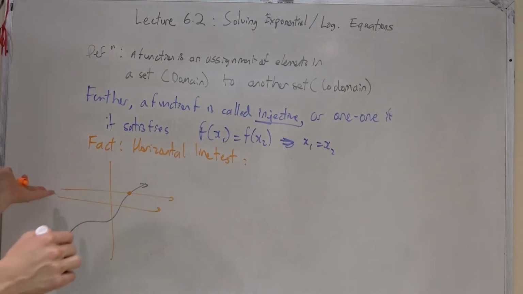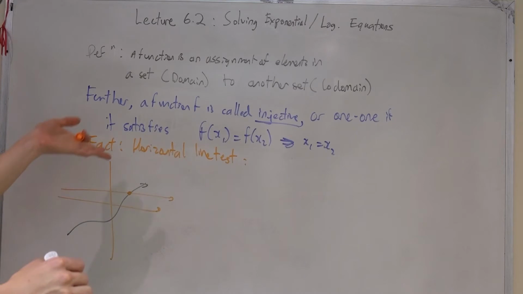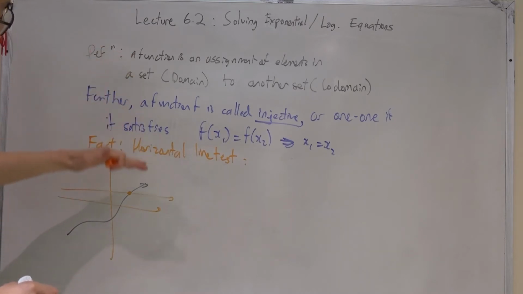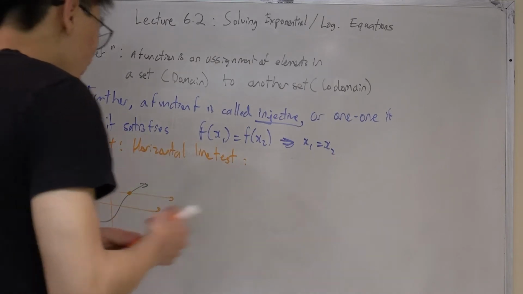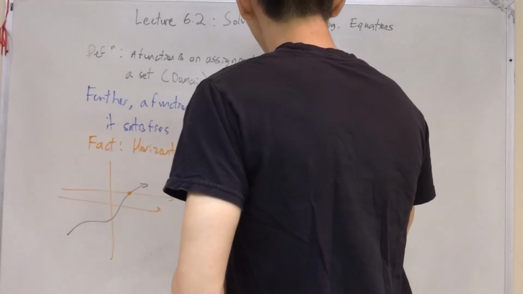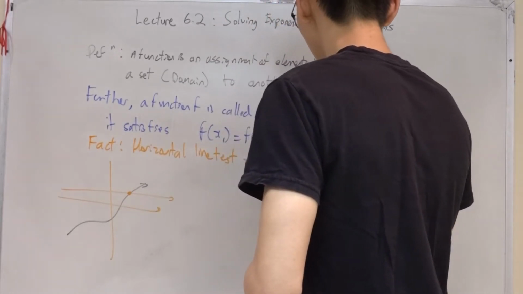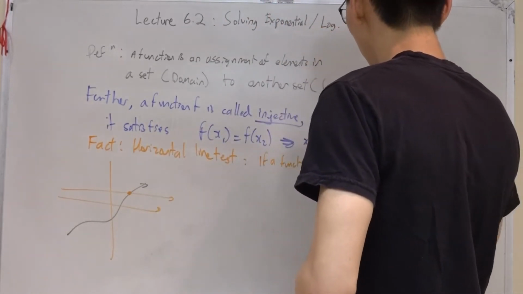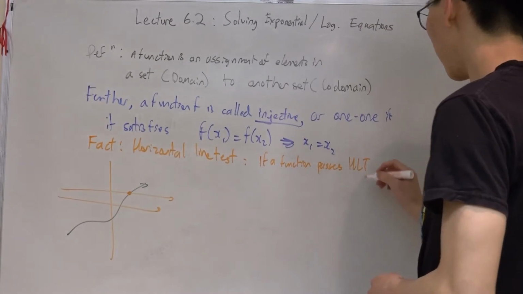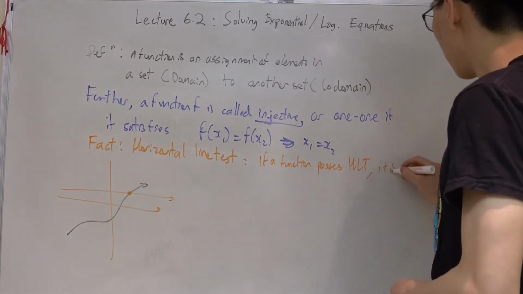So as we can see here, this horizontal line only intersects the function once, and the way I've drawn it, I've drawn the function in such a way that every other horizontal line that I draw will only hit the function once. So the fact is, if a function passes the horizontal line test, which I'll write HLT, it is injective.